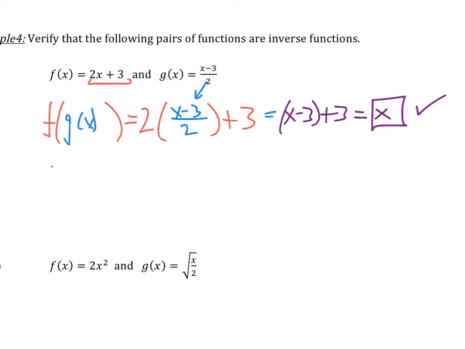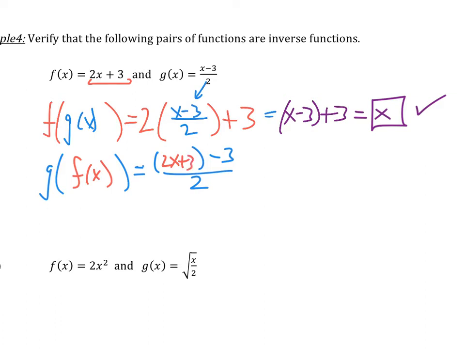Now, if we have g and we compose it with f, then we get, g is this guy right here. So g looks like something minus 3/2. X minus 3/2. X is our input. Well, what are we putting into the input? We're putting f of x. So f of x is 2x plus 3. So we're putting f into g.